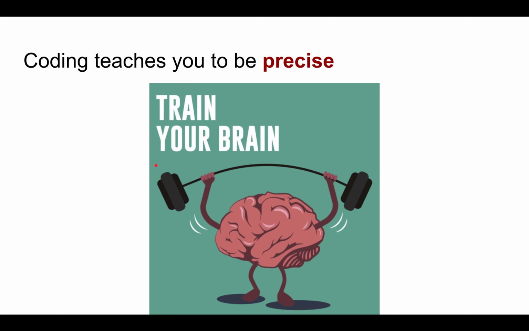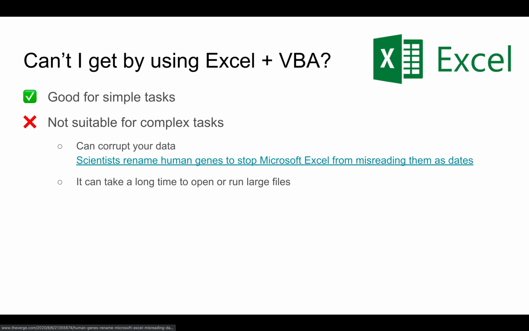After you go through this course, you might end up becoming a bit smarter and a bit more clear and precise in your thinking and writing. Can't I just get by if I use Excel and VBA? Excel is pretty good for very basic tasks, but when tasks get more complex, Excel is not really the right tool. And Excel can corrupt your data, or it can take a long time to open or run large files.